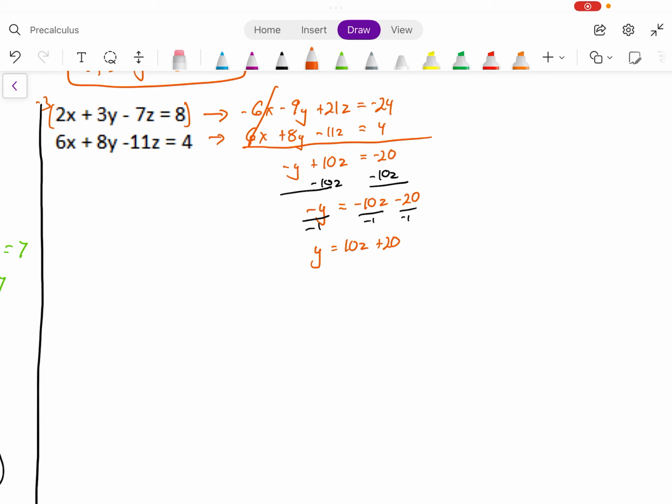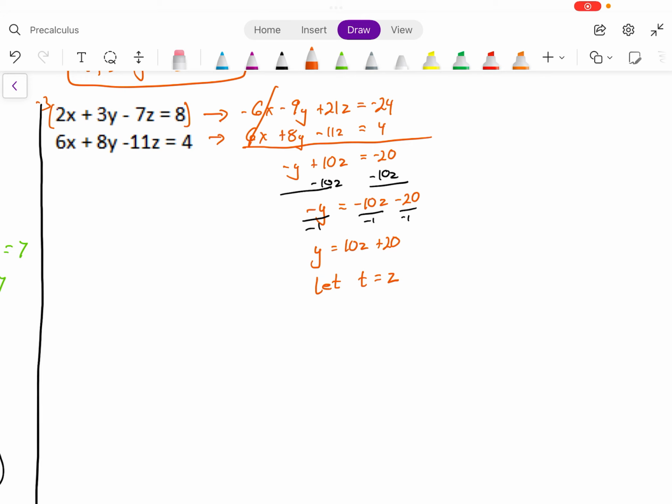Because what we're going to do is we're going to get a solution in terms of this other variable. You don't have to, you can do everything in terms of z, but we'd rather not. We want to use a different variable. So we're going to let t equal z. All right, let t equal z. So our answer will be in terms of t.